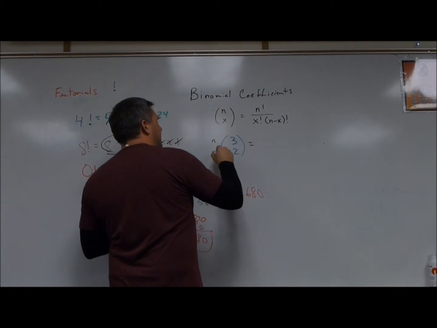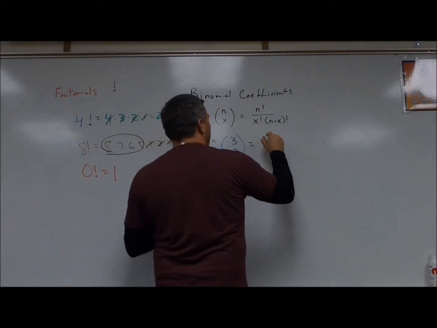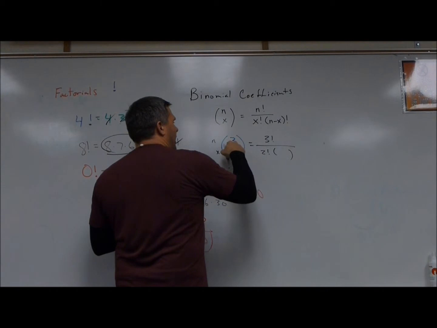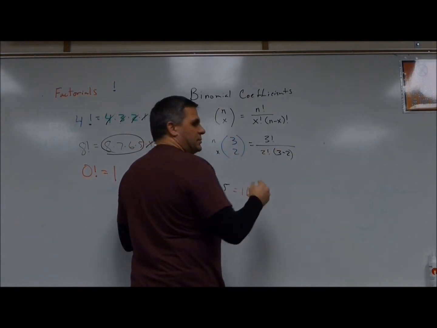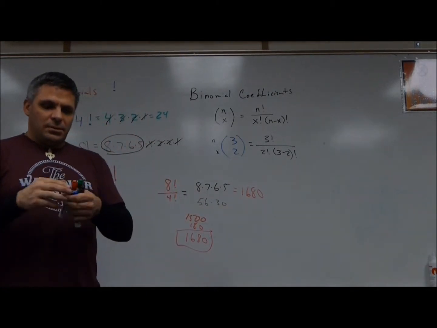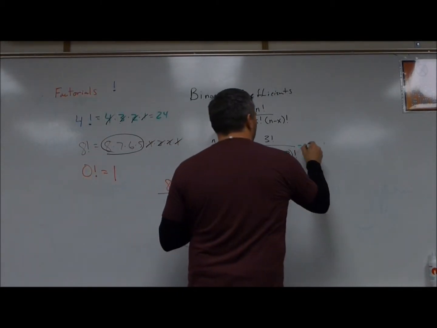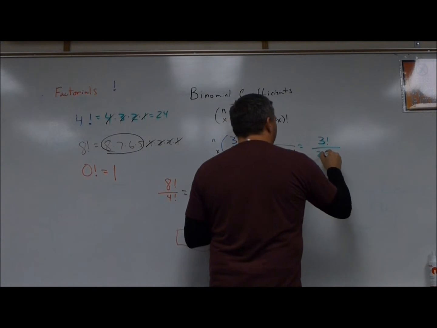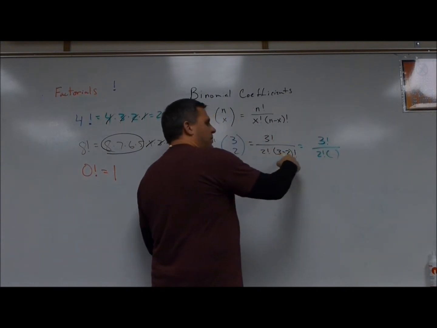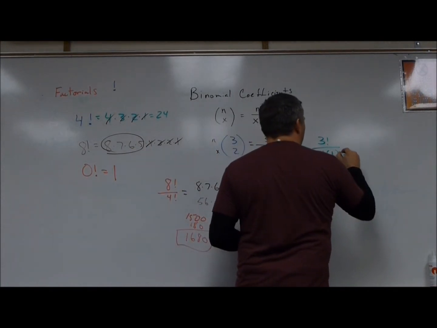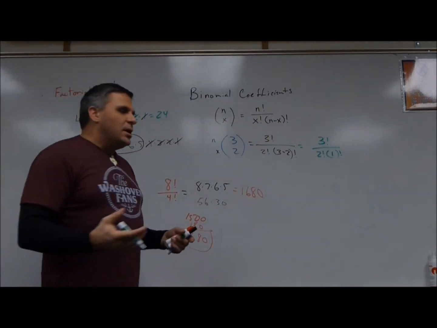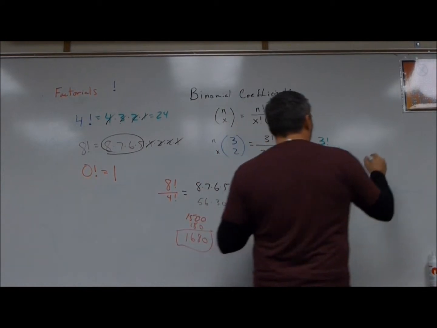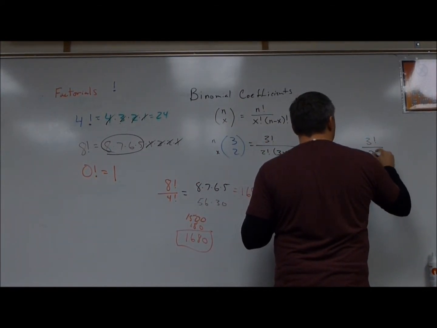If this is n and this is x, we get 3 factorial over 2 factorial times 3 minus 2 factorial. 3 minus 2 is 1 factorial, and 1 factorial is just 1, so we have 3 factorial over 2 factorial.